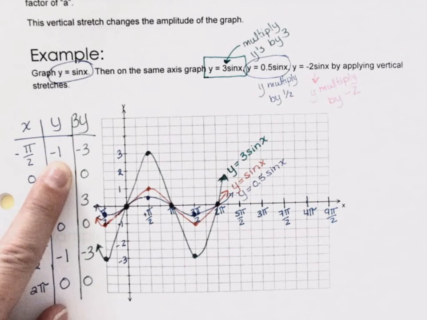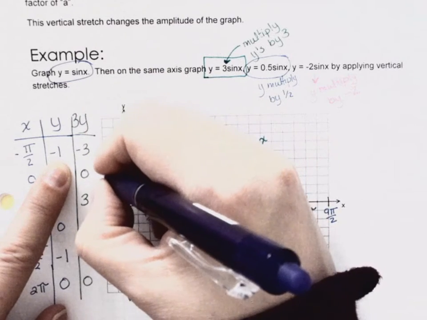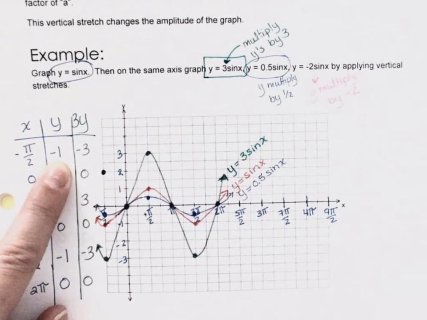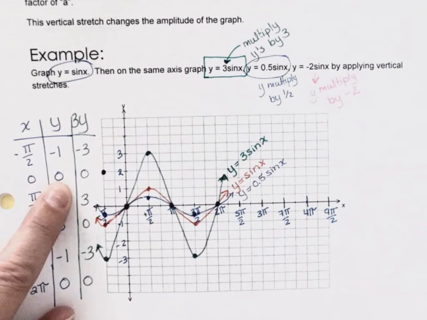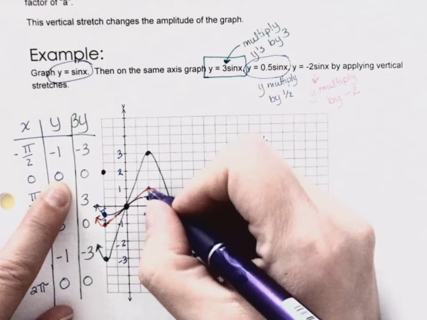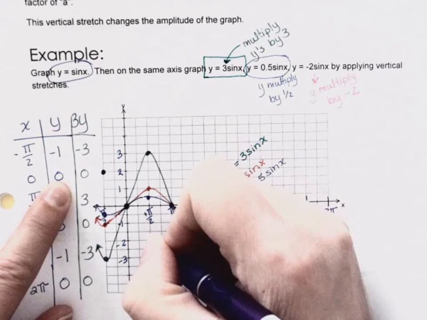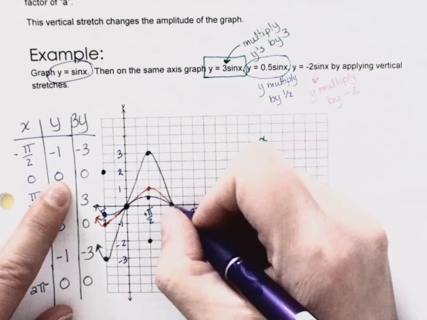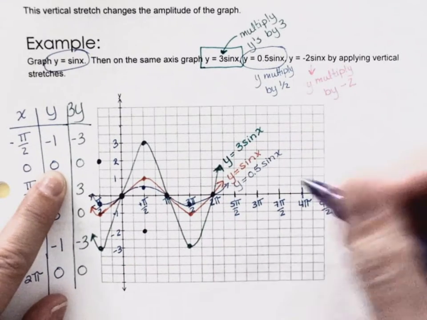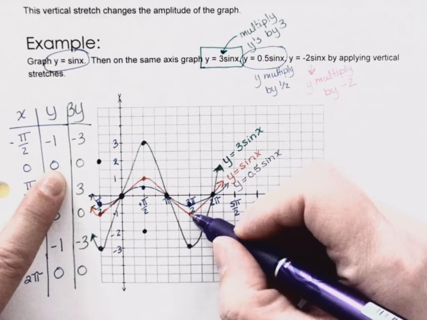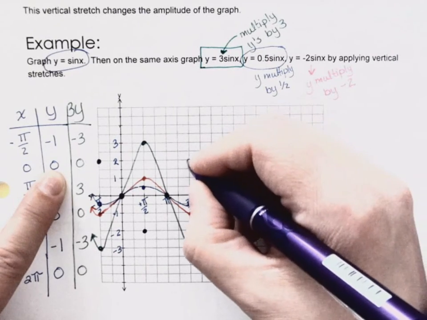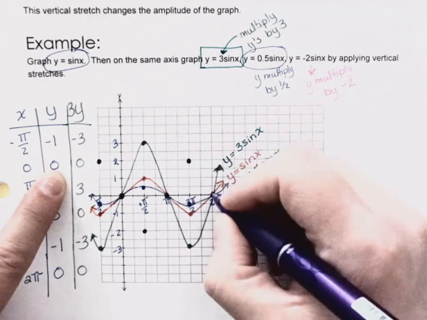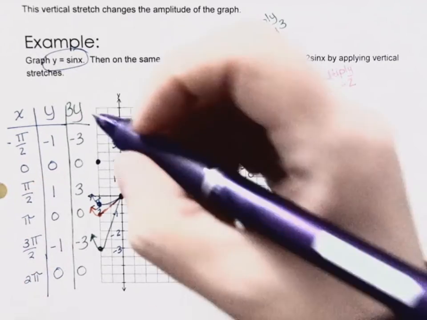We're timesing -1 by -2, so now we're at +2. 0 is still 0. 1 is now going to be -2. 0 is still 0. It used to be a -1, now it's going to be a +2. Still a 0.